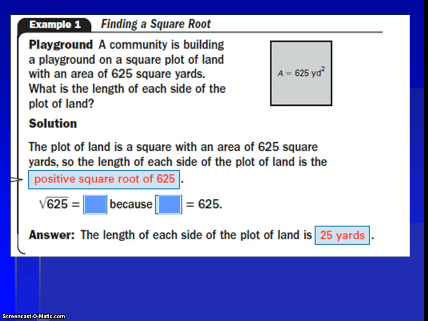And it's the positive square root of 625. You need to think of a number that when multiplied by itself equals 625. Well, that number is 25 because 25 times 25, or 25 squared, is 625. So the length of each side of the plot of land is 25 yards.